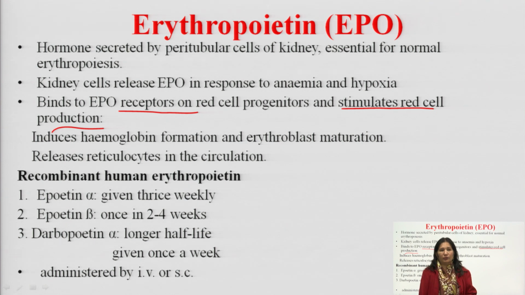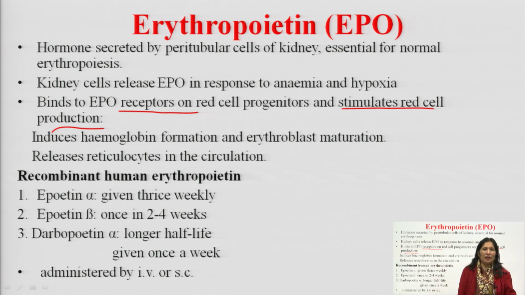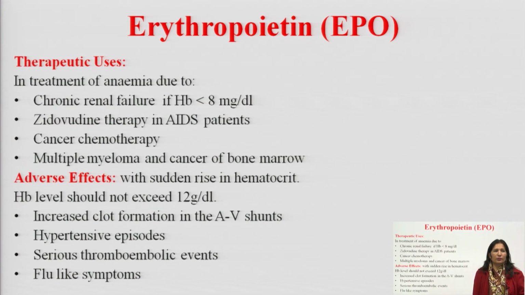Recombinant human erythropoietin is available as epoetin alpha, epoetin beta, and darbepoetin alpha. This has a longer half life, is given once a week, and is administered intravenously or subcutaneously. What are the uses of erythropoietin?